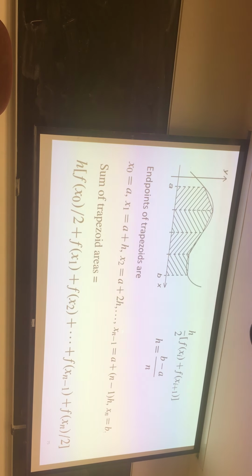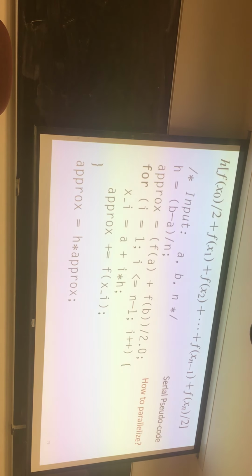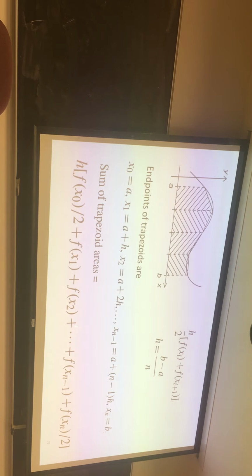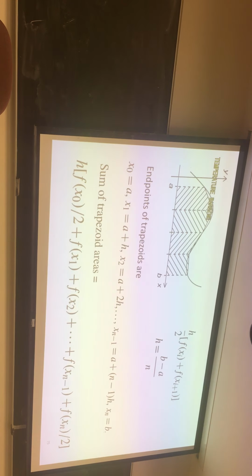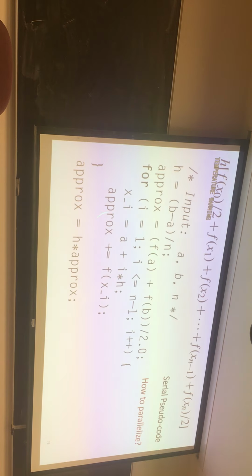So basically that's what you are calculating here. Then you evaluate the function f at xi, then add that to this approximation. That's how you do all the terms in the middle. After you accumulate the function values across all the endpoints, you can just multiply by h here. So that's basically this term here. So this is a serial code.